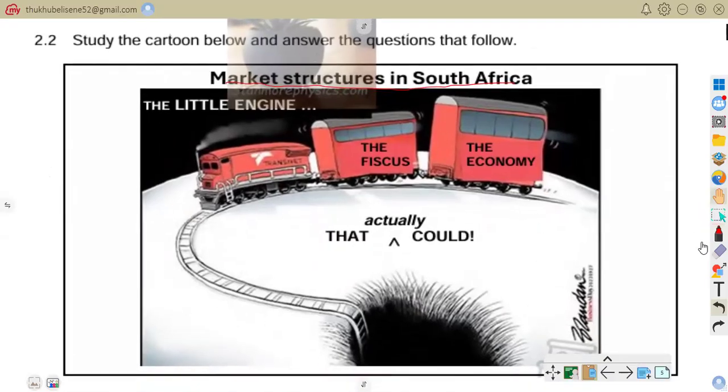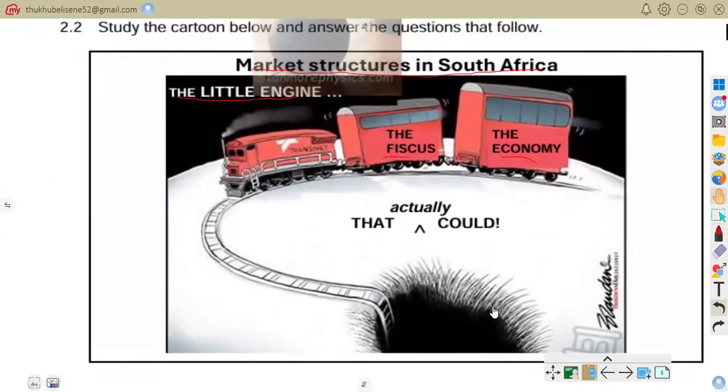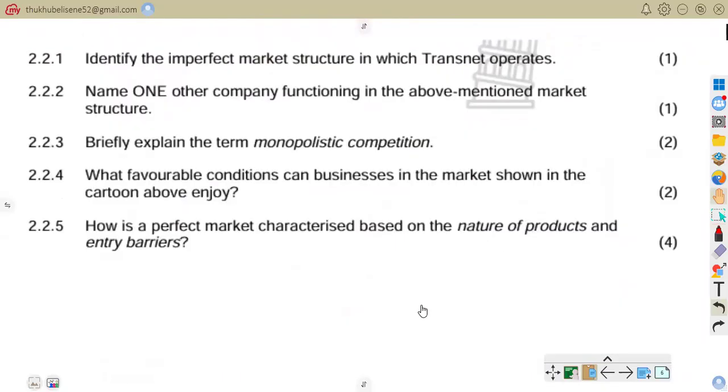You see here we have the little engine, the fiscus, the economy. This is the information that is in the cartoon. Now let us see what the questions are.